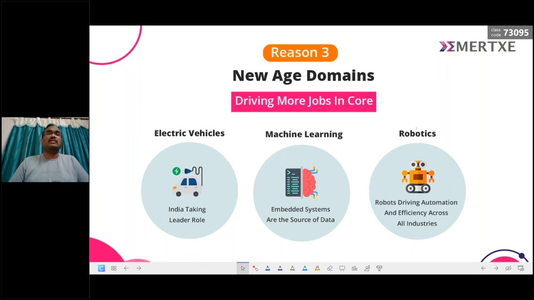These organizations are already gearing up, including new age companies like Ola Electric, or existing traditional manufacturers like Mahindra Electric, which I showed as an example, who has been our regular recruiter, by the way. So this is opening up new opportunities.